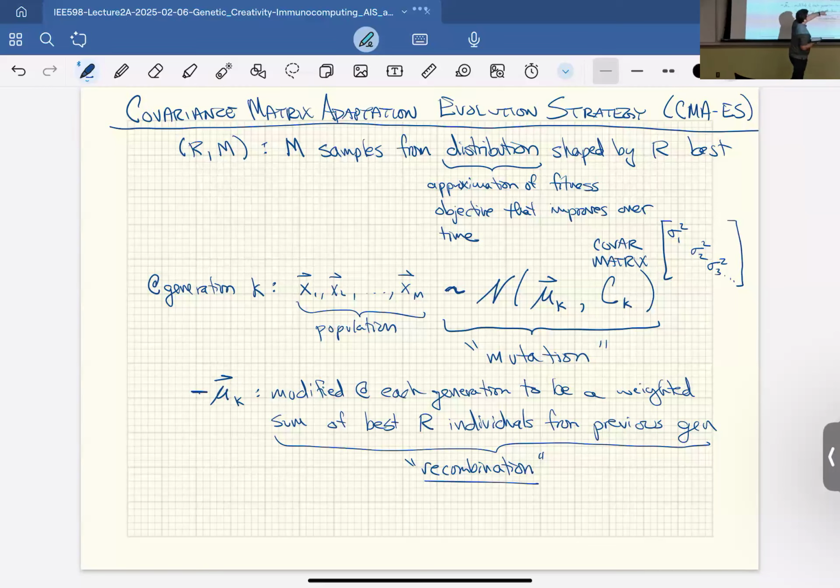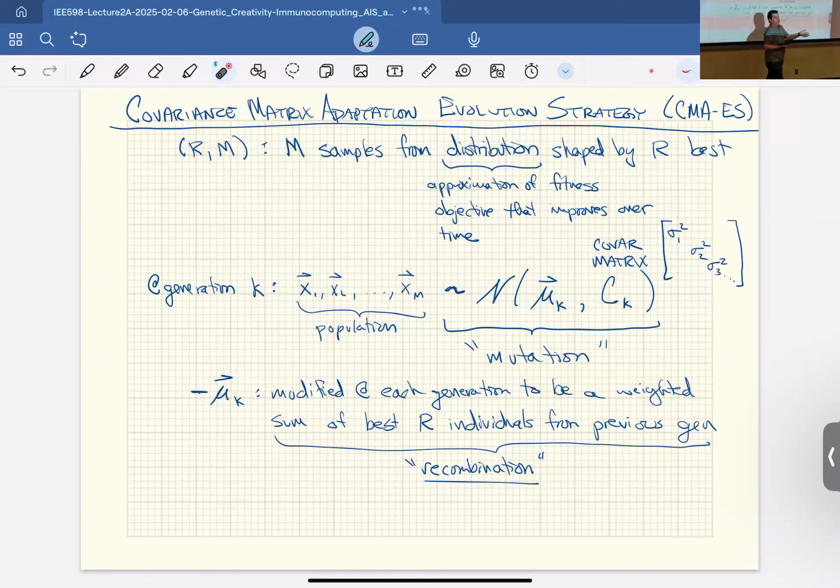So, and then we still have to talk about how we update the covariance matrix, but the idea here is that you scattershot a bunch of individuals all over the fitness space and you score them all. And then you rank them, and then you take the R top of those, and you've got a vector of weights that you can assign based on their ranking.